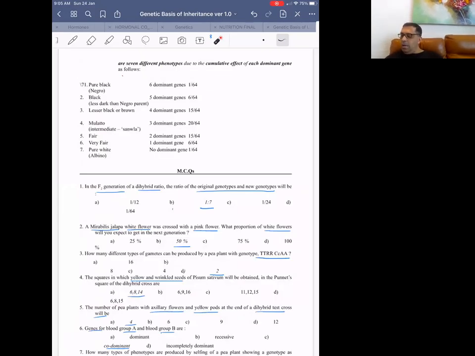Then the number of pea plants with axillary flowers and yellow pods at the end of a dihybrid test cross will be... Check that out.